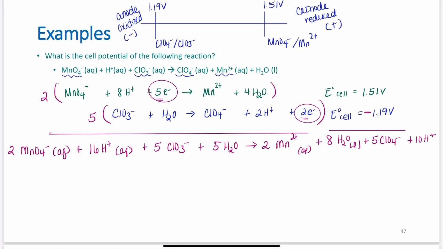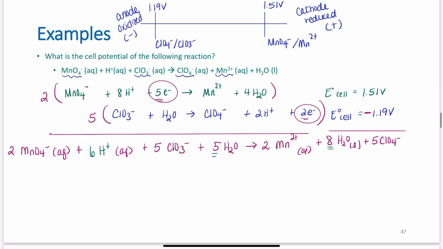Now I do have to cancel out the extra waters and hydroniums or H plus on each side. 16 versus 10. That's going to cancel out my 10 and give me 6 H plus here. So I'm going to erase the 16 here and write 6 H plus, and I'm going to erase the 10 here. I also have 5 waters versus 8 waters. It's going to cancel out the 5 and give me a 3 here.